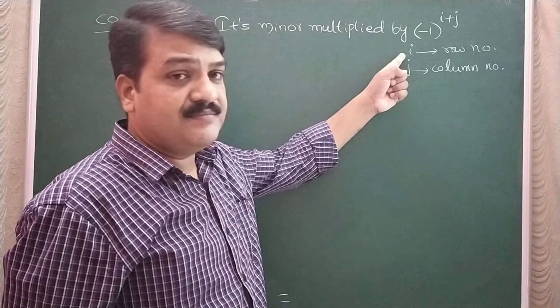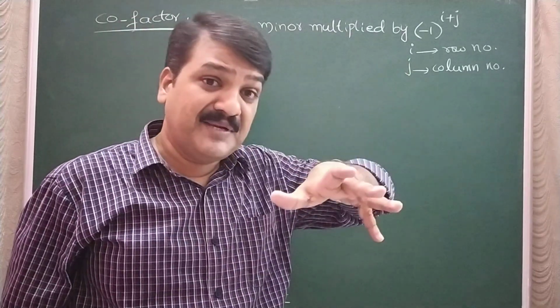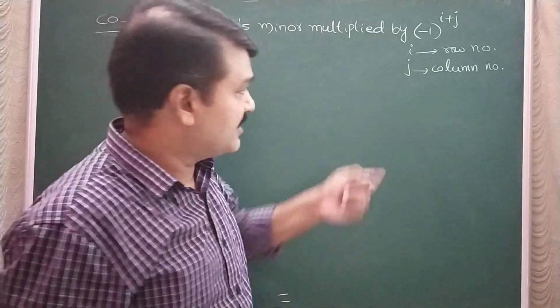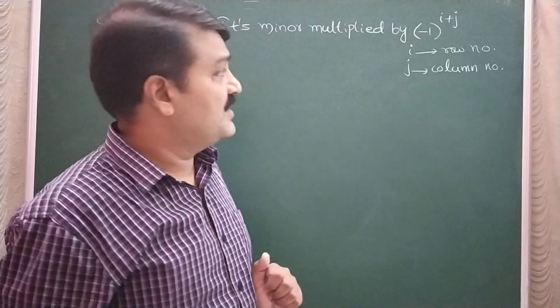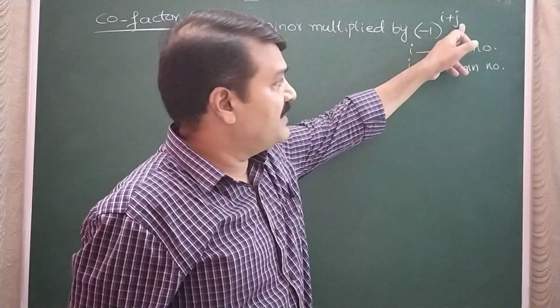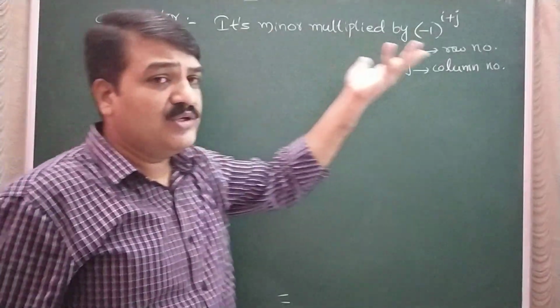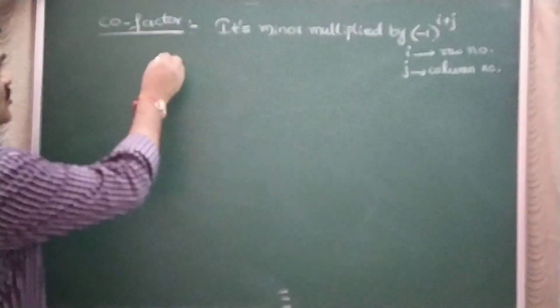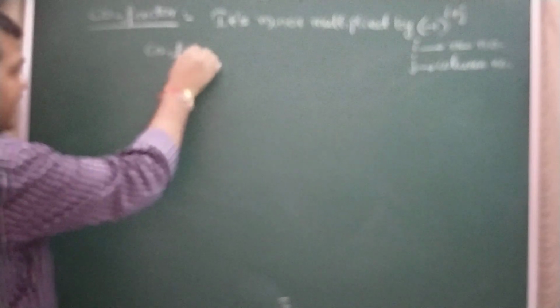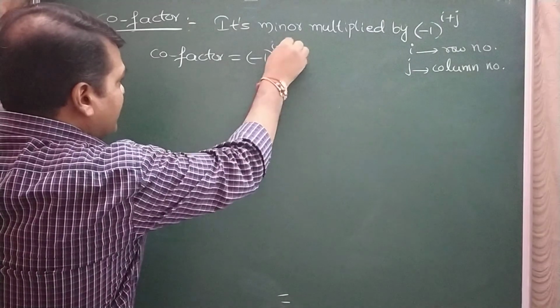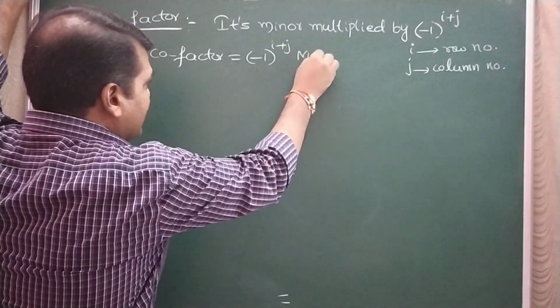Row number is i and column number of that element for which we are finding cofactor is j. So minus 1 whole power i plus j multiplied with its minor is going to be cofactor. Cofactor of any element is nothing but minus 1 whole power i plus j into minor.